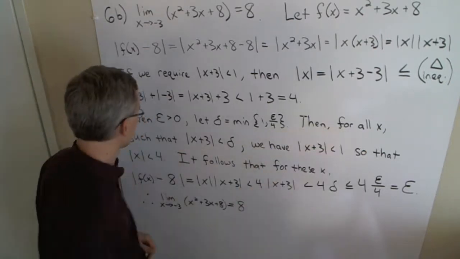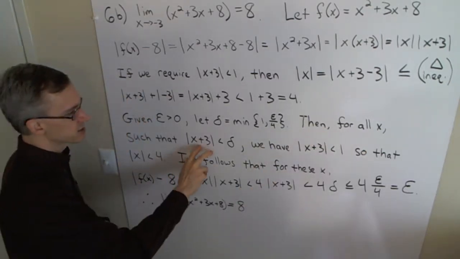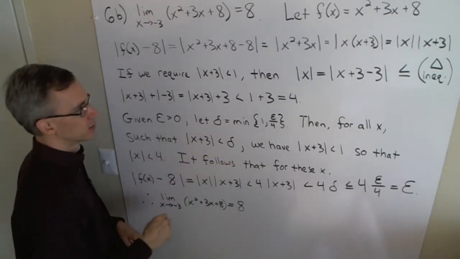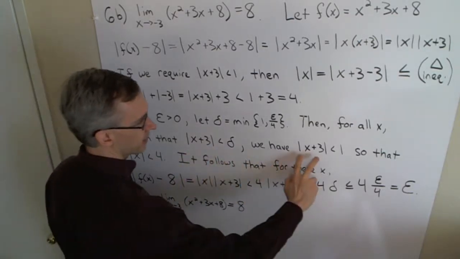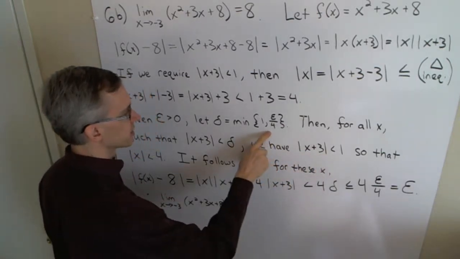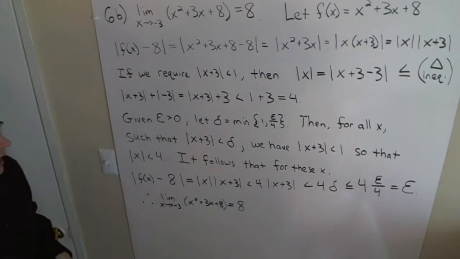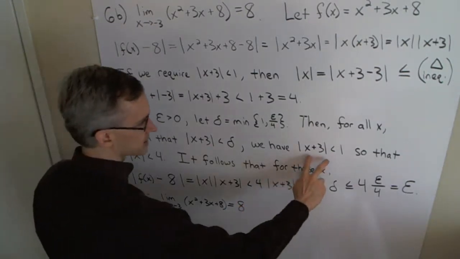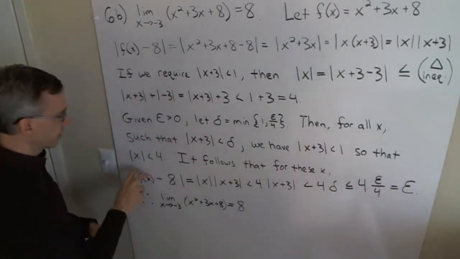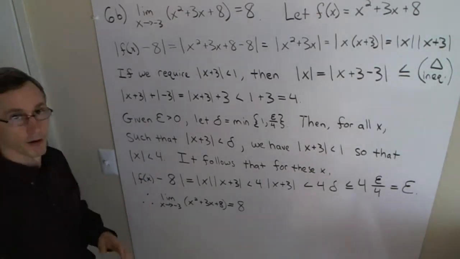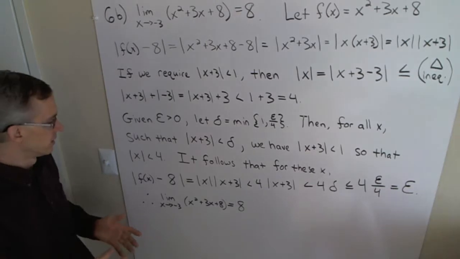And for all x such that x is within delta of -3, we know that then |x + 3| has to be less than 1 because delta is the minimum of these two values. And we've already shown that if x is within 1 of -3, then the absolute value of x has to be less than 4. So now we have everything we need to complete the proof.